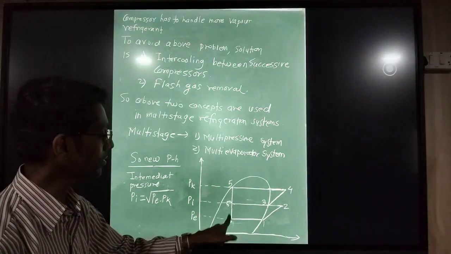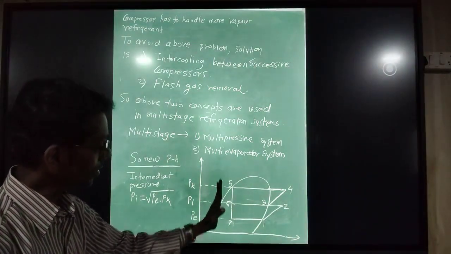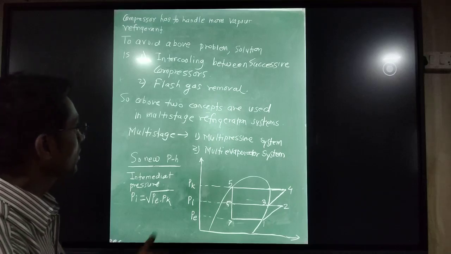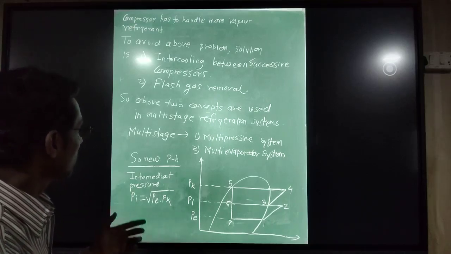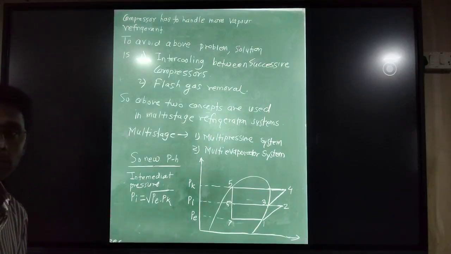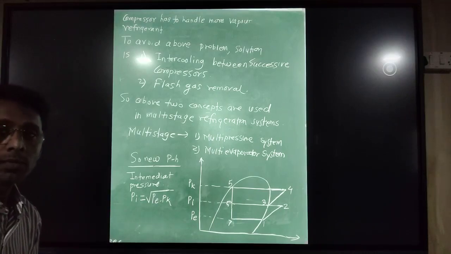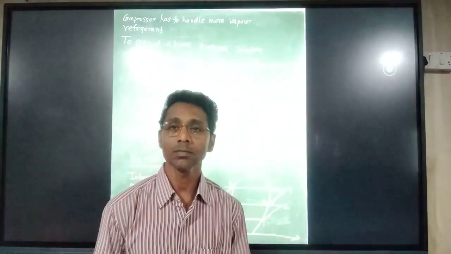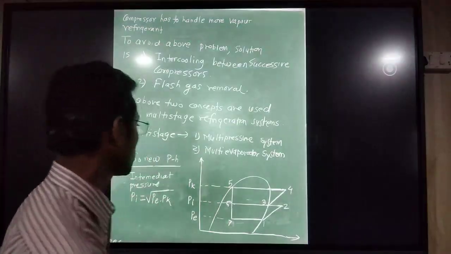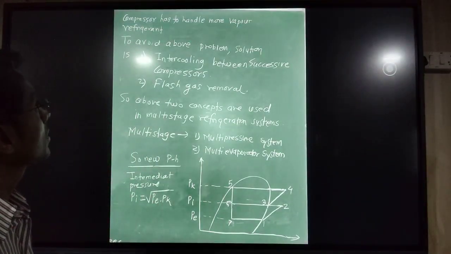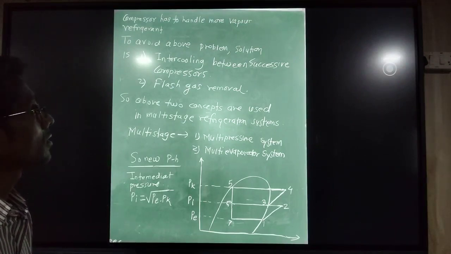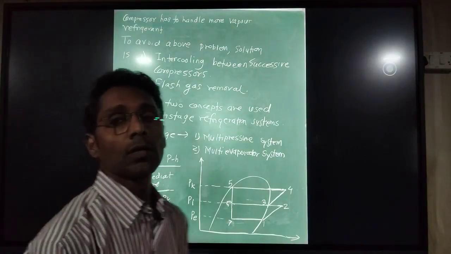Here we find 5, 6, 7, which is an expansion process. In this way we can overcome the problems occurring from the use of a single stage system for heavy duty applications. Now we will see in detail, in a further session, the different types of multi-pressure and multi-evaporator systems.